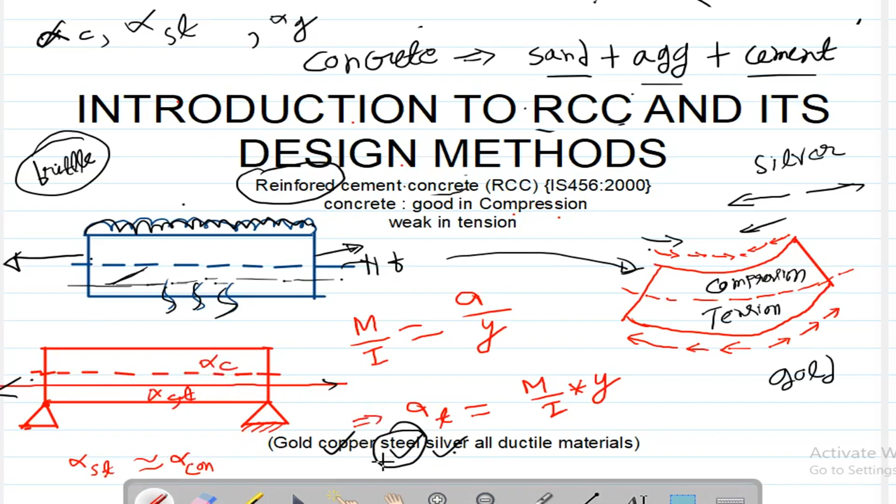But the coefficient of thermal expansion for concrete and steel is nearly the same.